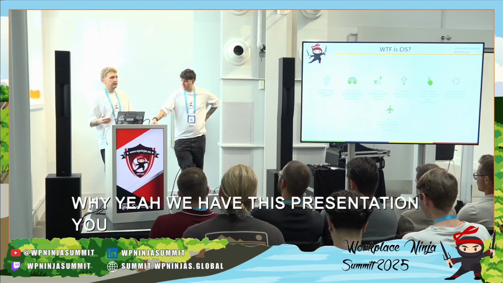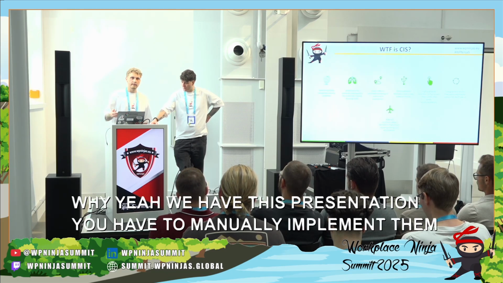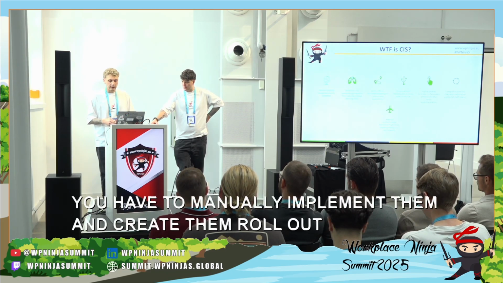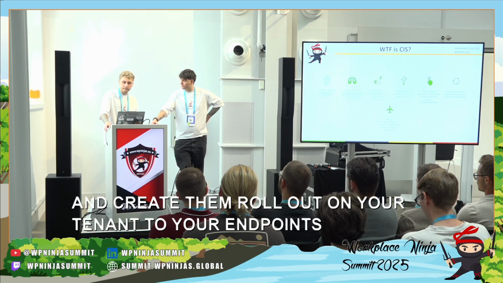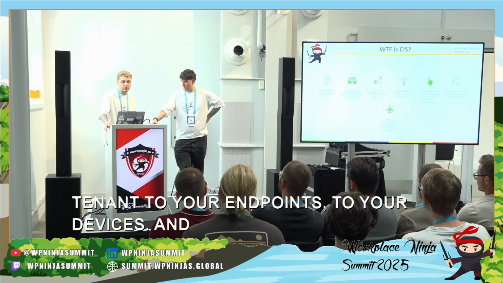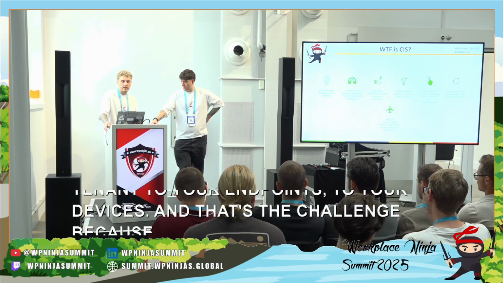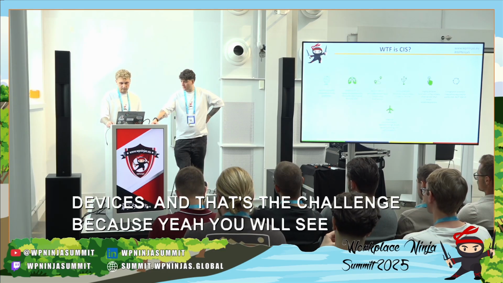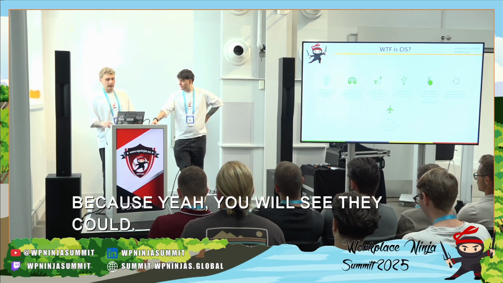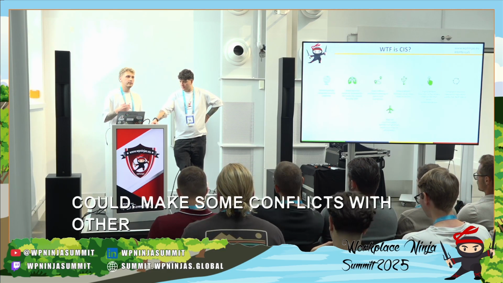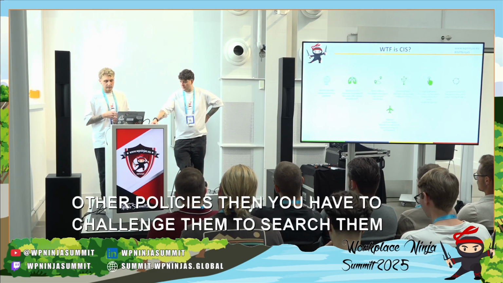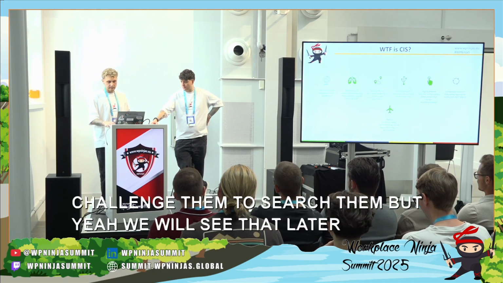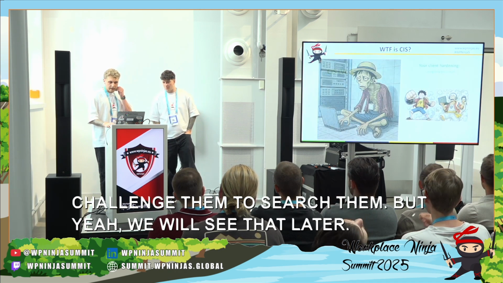You have to manually implement them, create them, and roll them out on your tenant to your endpoints and devices. And that's the challenge, because you will see they could conflict with other policies. Then you have to search for and resolve those conflicts. But we will see that later.